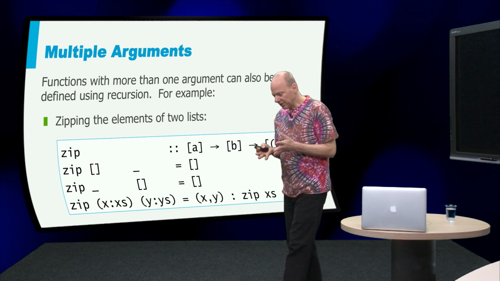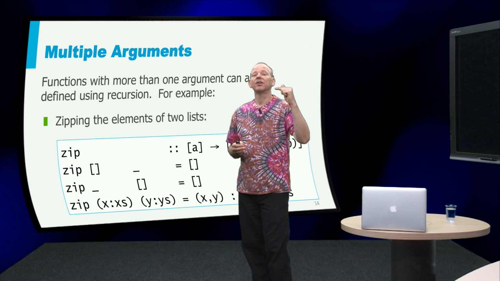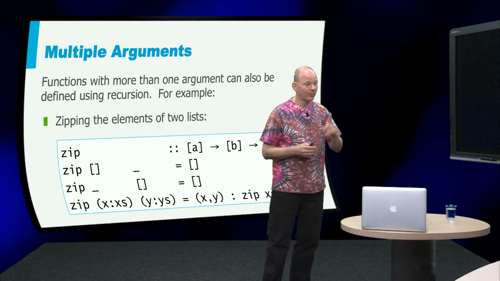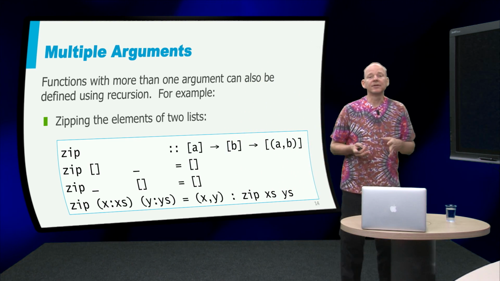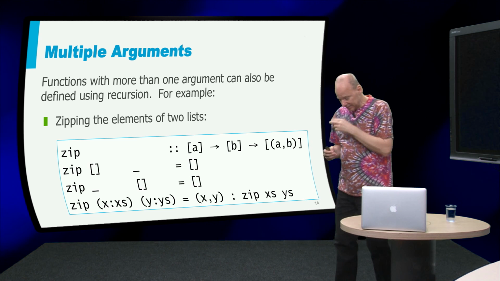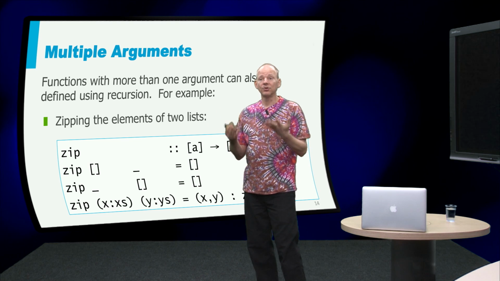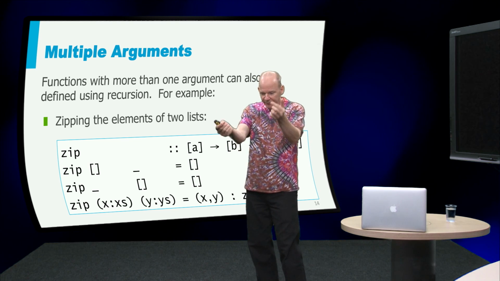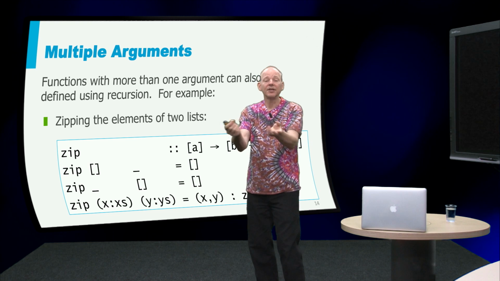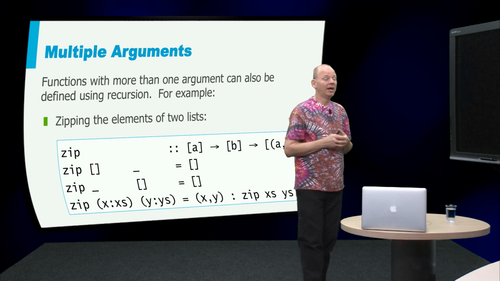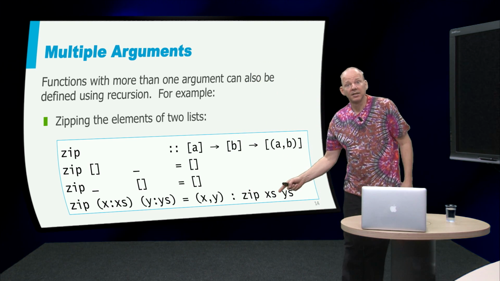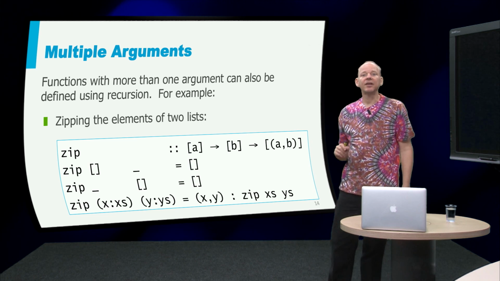Of course, we can also define recursive functions that don't recurse over just one argument, but over several. We have seen in the previous chapter the function zip. How do we define zip? Well, zip took 2 lists, and it would take every element of the 2 lists and combine them into a pair. The easiest thing here is to look at the last clause.